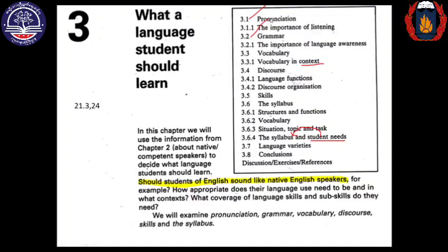But as one of the students said, there are different accents, different pronunciation. So is there a standard pronunciation?